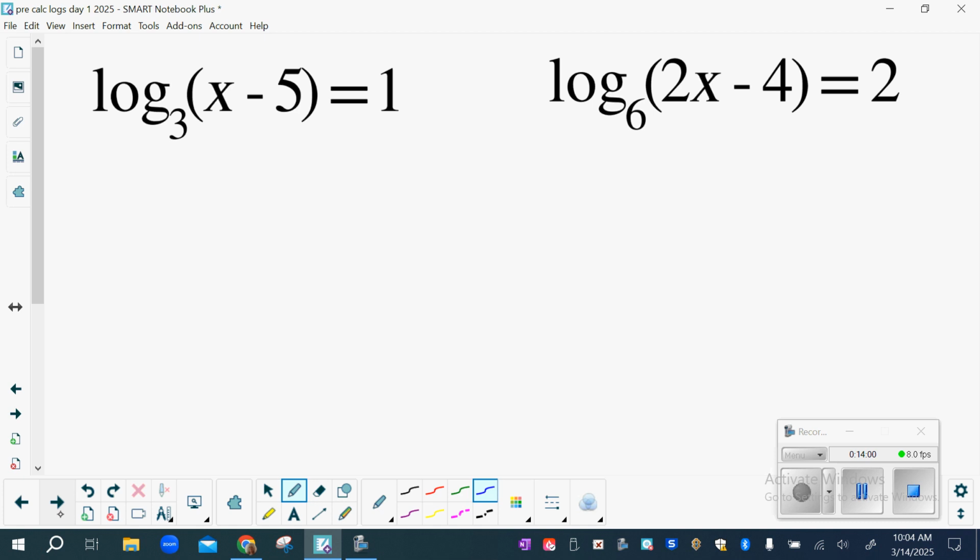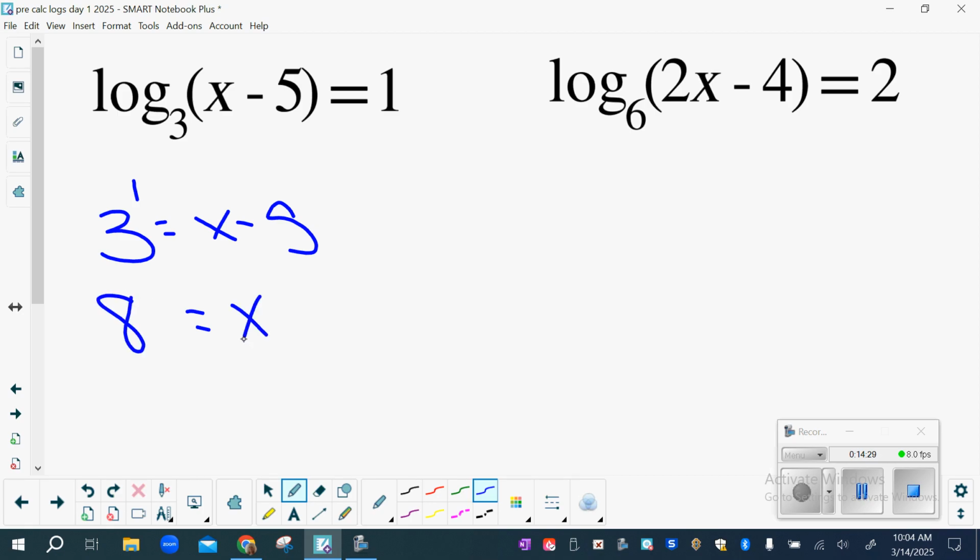Beautiful. Go ahead. 3 to the first equals x minus 5. 3 equals.